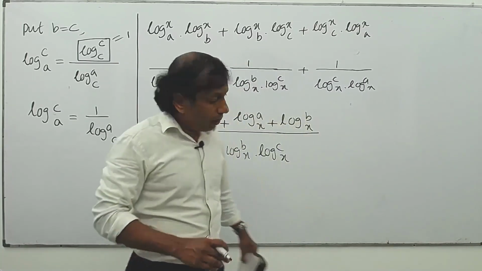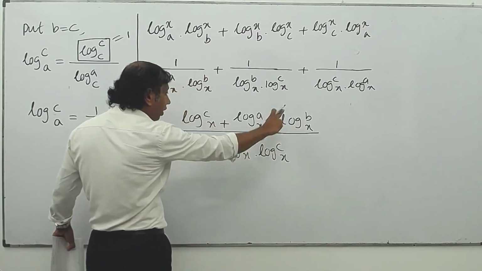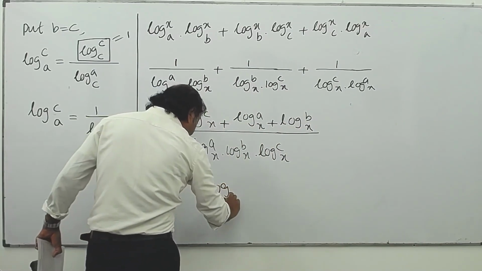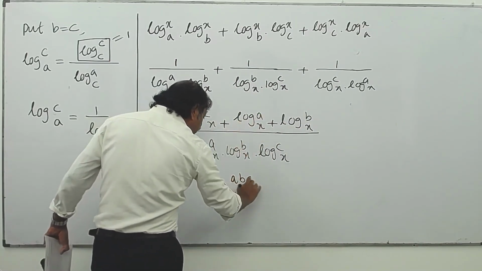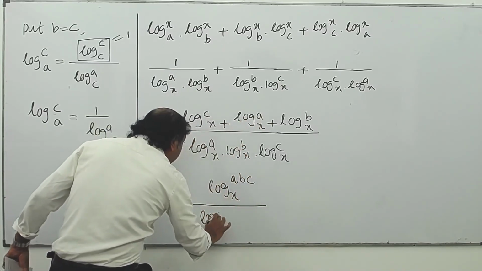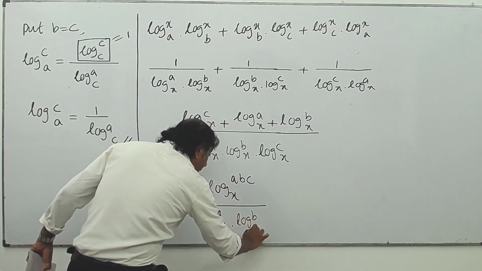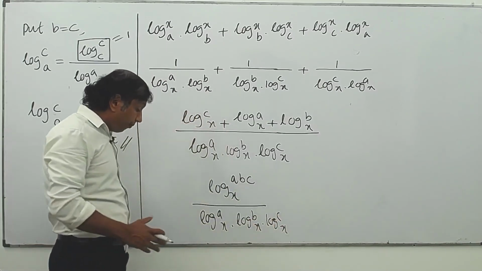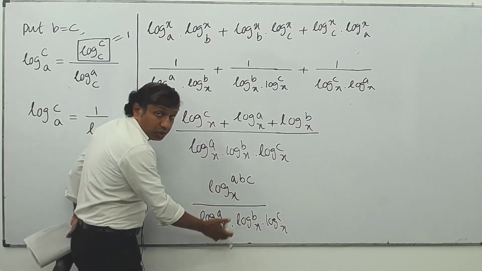Right. Now people here, the same basis, then this log we can multiply, no? We know that rule, no? Then log_x c a b, that means ABC, right? And here now this thing, log A x, log B x, log C x, right? Now what we do? This all three terms will take to numerator, this to denominator.